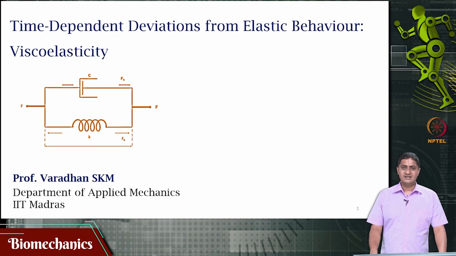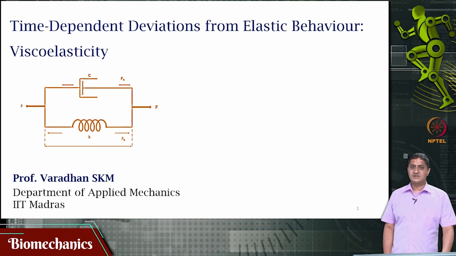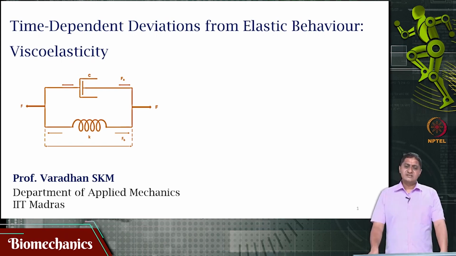This is called viscoelasticity: time dependent deviation or changes in the material behavior due to time. Okay. This is called viscoelasticity. These are materials that exhibit both viscous and elastic behavior.